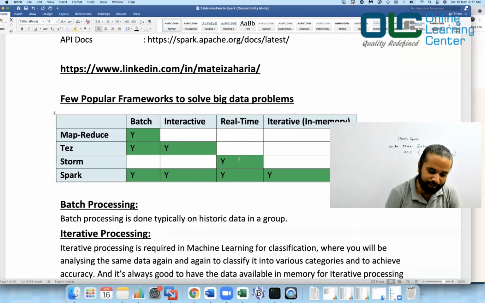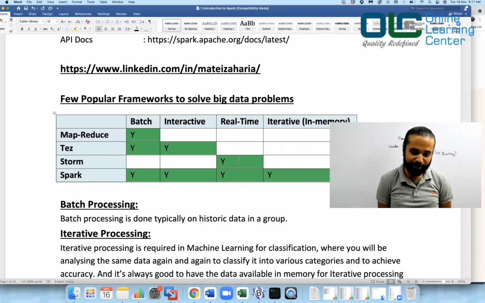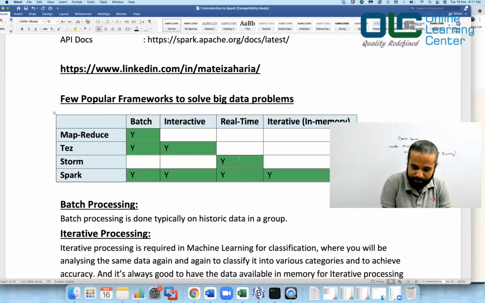Okay, let's move on. There are a few popular frameworks which are used to solve big data problems. Earlier, when Spark had just started, people were crazy about MapReduce, and also about other technologies like Tez and Storm. MapReduce is meant to process data in batches; it's basically a batch processing framework. Tez can do batch as well as interactive to some extent.